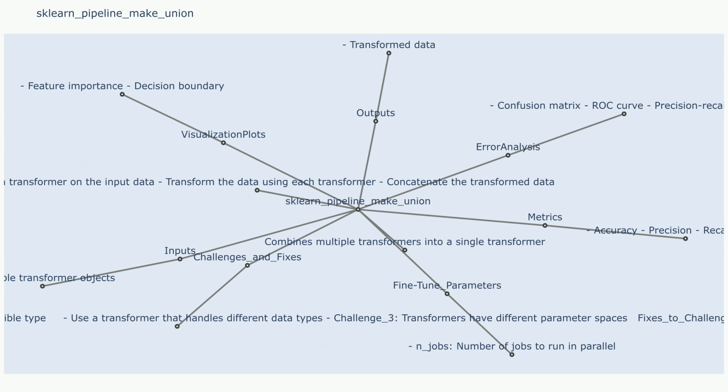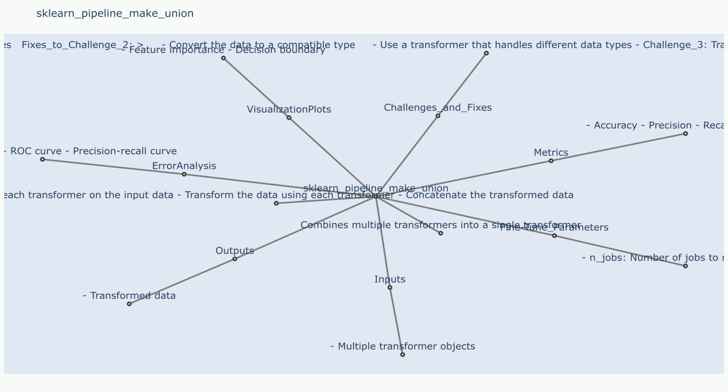Fixes to challenge 2: ensure that each transformer fits on a separate portion of the data. For example, if you want to use a standard scaler on your training data, fit it on the training data only. Then, use this fitted scaler to transform both the training data and the testing data.